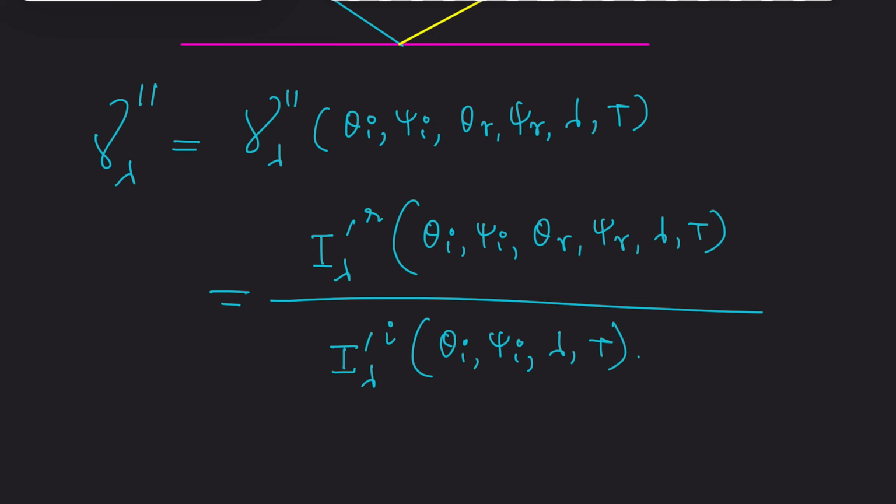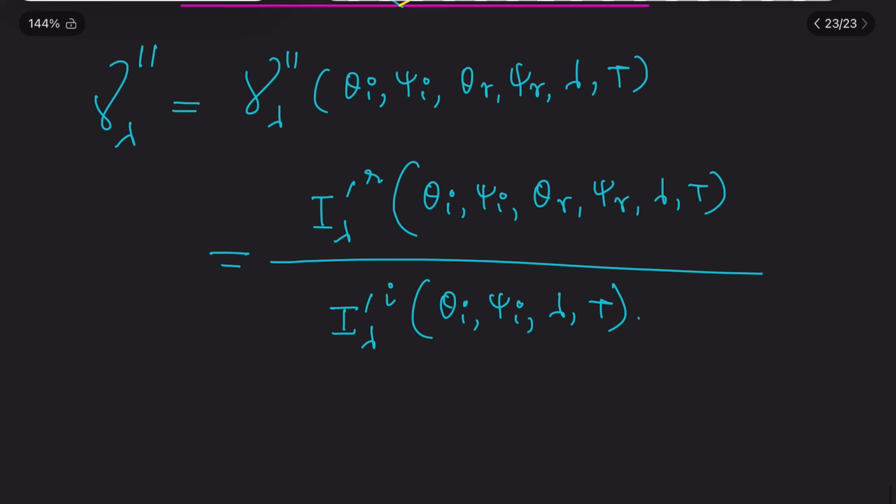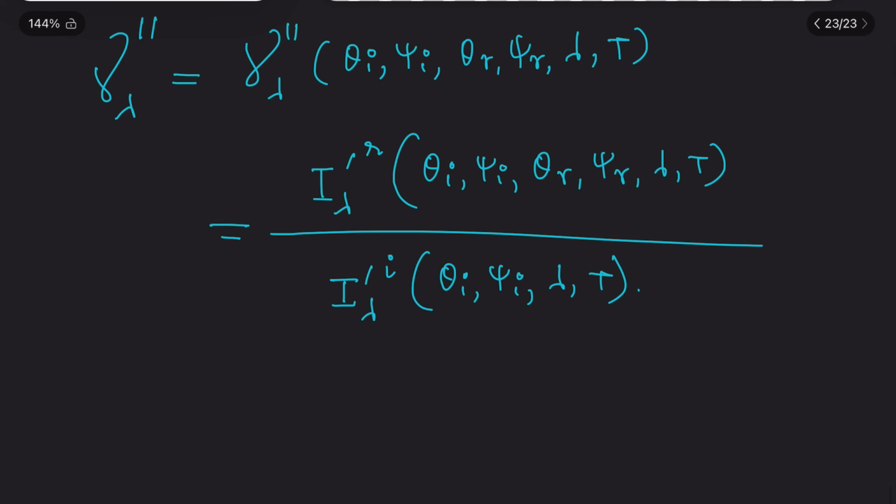Okay, now how much will be reflected, that is also dependent on what is coming, because if nothing is coming, then nothing can get reflected, right? So how much is being reflected, that is also dependent on these directions, right? That is also dependent on these directions.